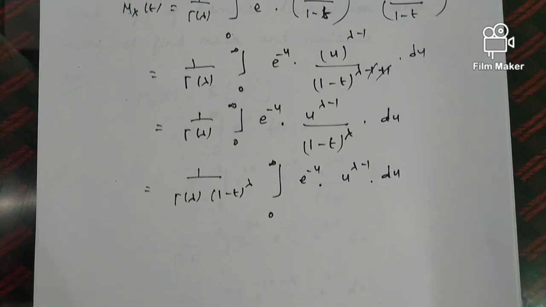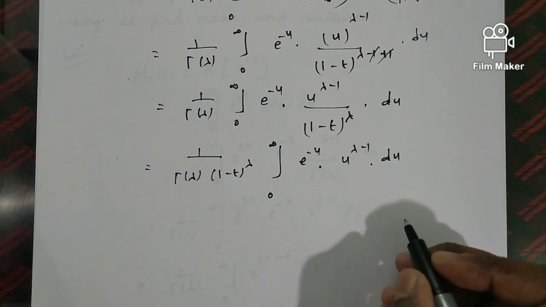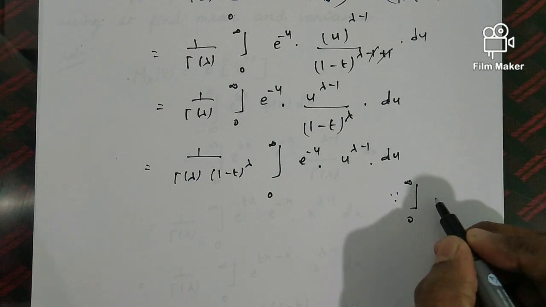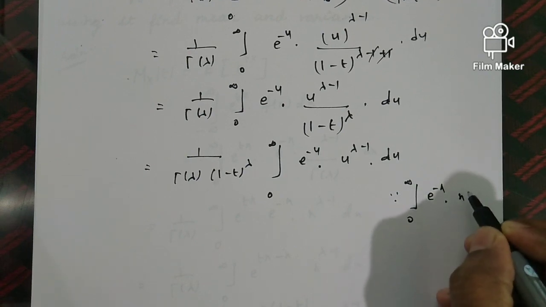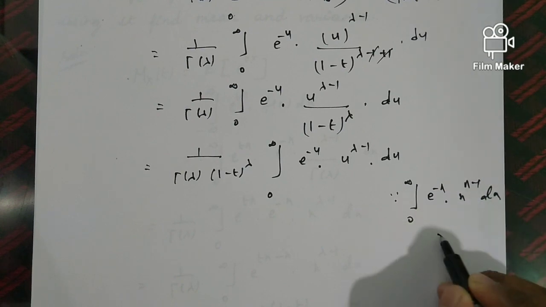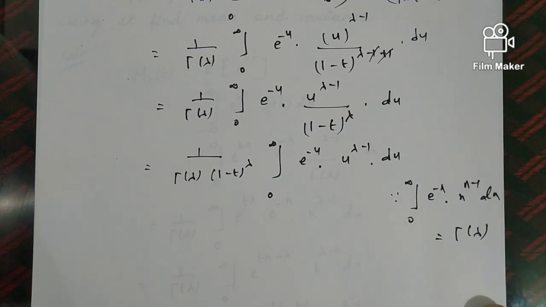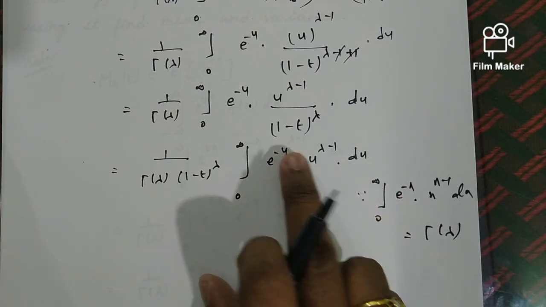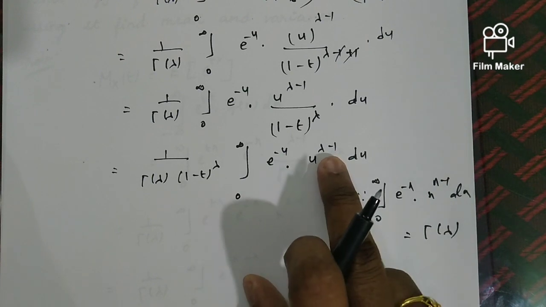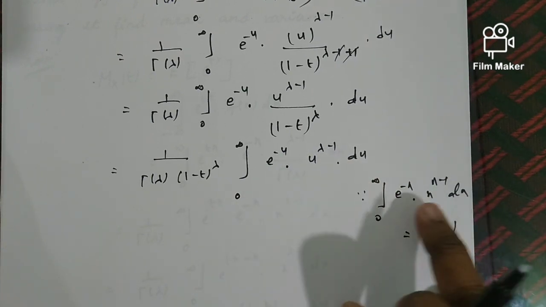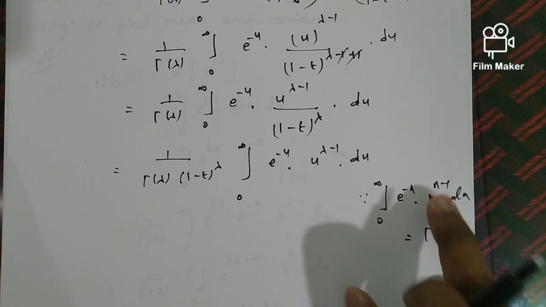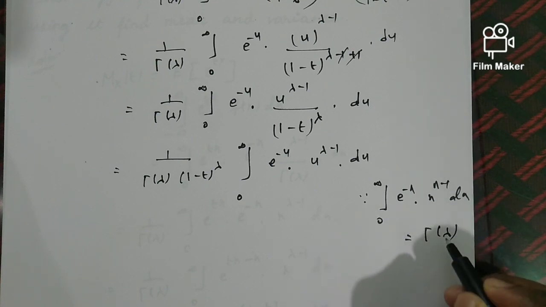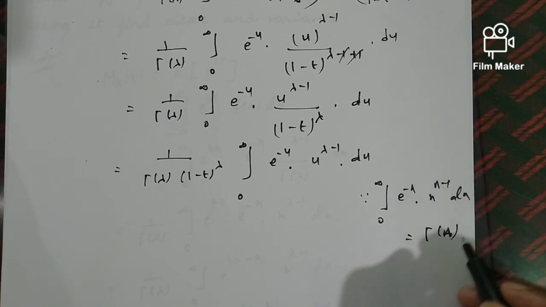Now we have already seen the gamma result. What is our gamma? Gamma of n is nothing but integral 0 to infinity e power minus x, x power n minus 1 into dx. Now you can compare your integration with this result. Instead of x power n minus 1, here we have u power lambda minus 1, so this is the result for gamma of lambda.